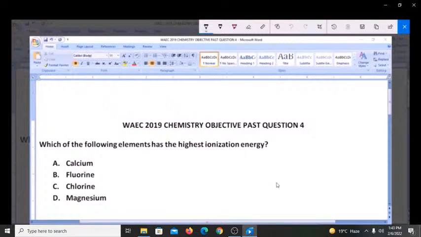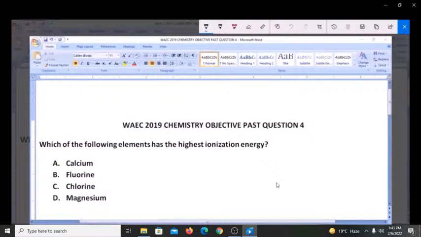So looking at the options here, you have calcium, which is basically a metal. You have fluorine, which is a highly reactive non-metal. You have chlorine, which is also another non-metal, and then you have magnesium, which is also a metal.